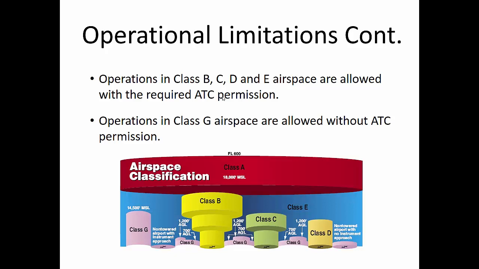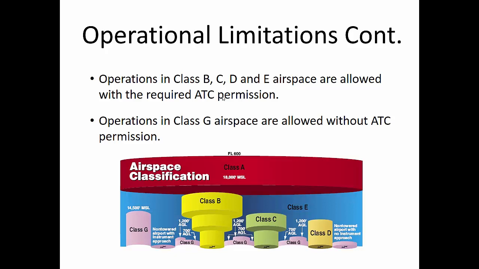Operations in Class B, C, D, or E are allowed, but you're going to have required permission from air traffic control. And there's a process that you go through that's not detailed in this presentation, a waiver process to get that permission if you had to do that.